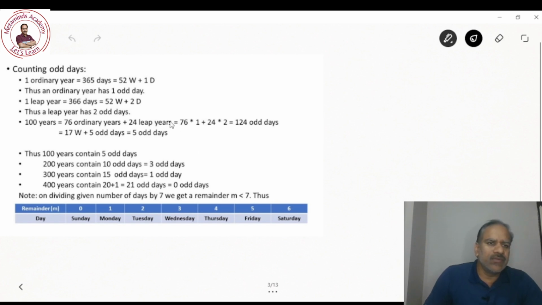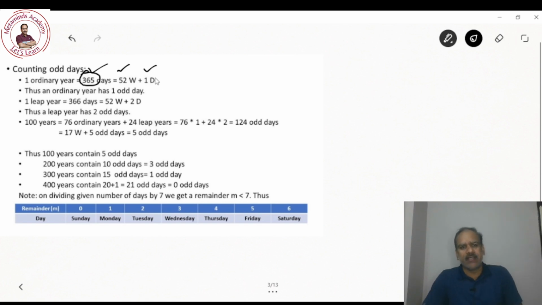So when it comes to counting the number of odd days, an ordinary year has how many days? It has 365 days. You can convert 365 days into weeks. You will get 52 weeks and you will remain with one odd day. So an ordinary year has one odd day.